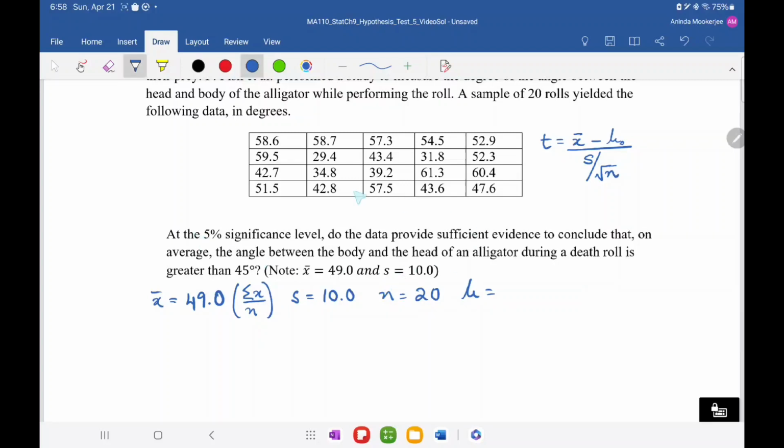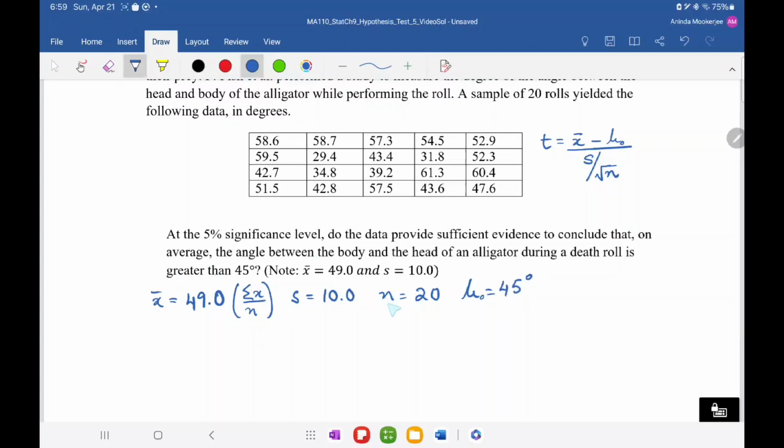So I'm going to go back and reread the wording where it says, at the 5% significance level, do the data provide sufficient evidence to conclude that on average, the angle between the body and the head during a death roll is greater than 45 degrees. So the 45 degrees represents our null hypothesis mean, right? So I'm going to write that mu sub 0 is 45 degrees.